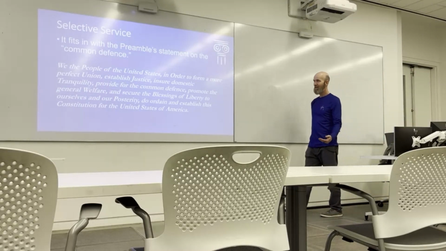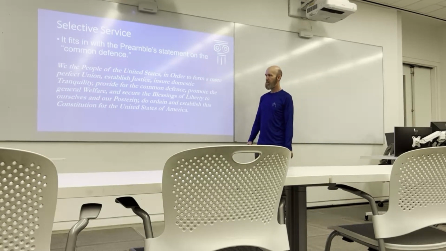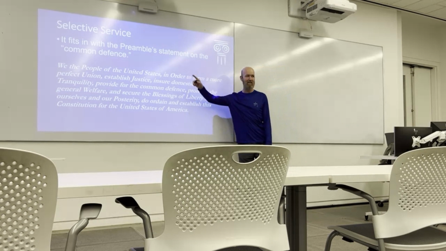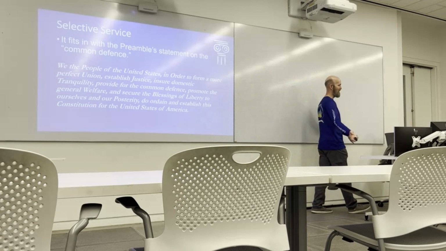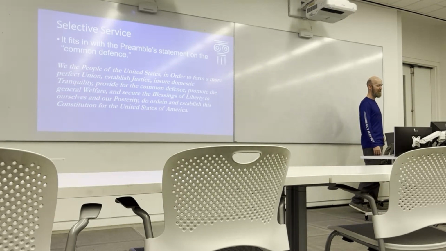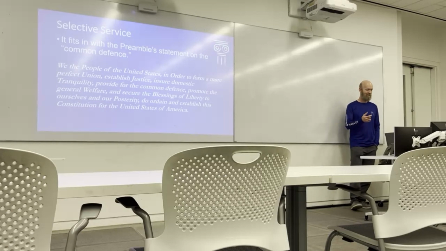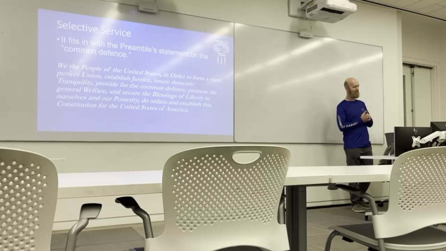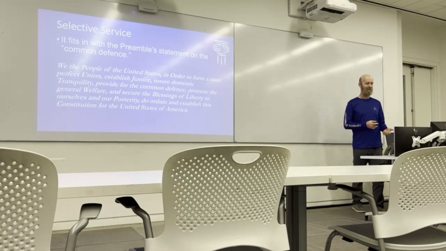You should know that it fits in with the preamble to the Constitution, specifically its statement about the common defense. So if you don't remember the preamble, it says, "We, the people of the United States, in order to form a more perfect union, establish justice, ensure domestic tranquility, provide for the common defense, promote the general welfare, and secure the blessings of liberty to ourselves and our posterity, do ordain and establish this Constitution the United States of America."